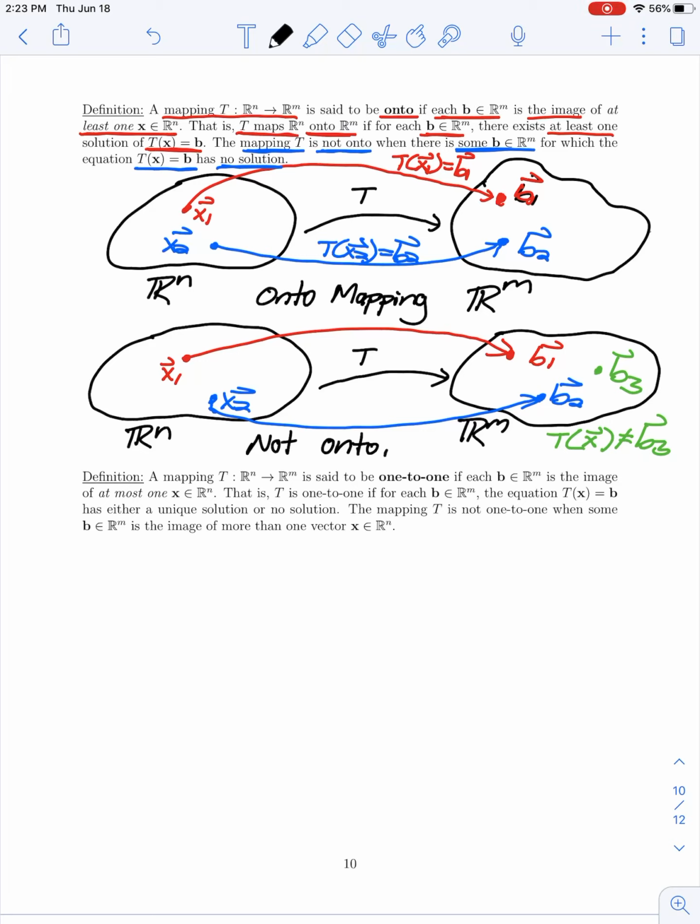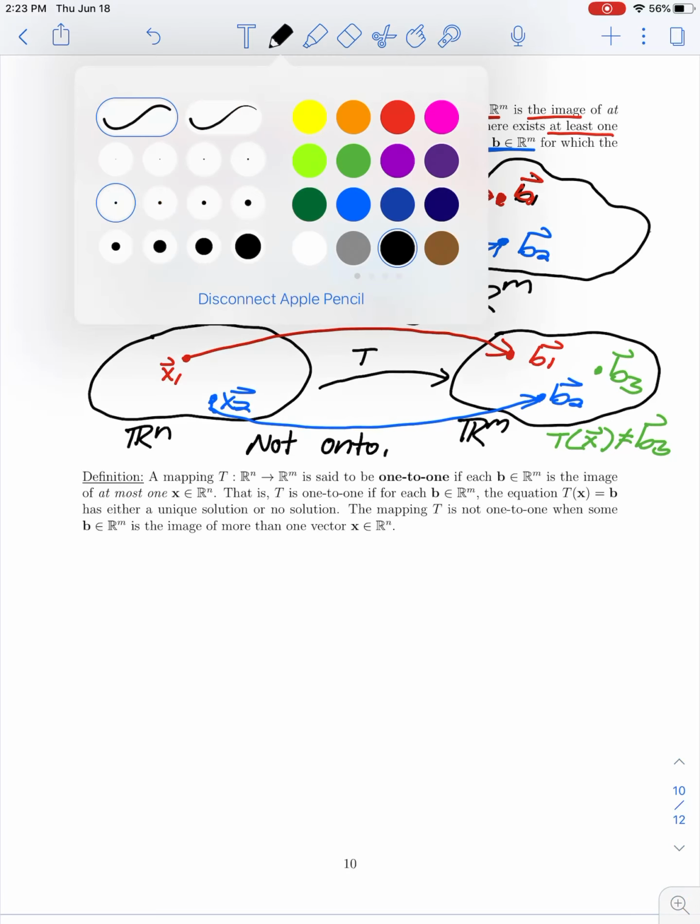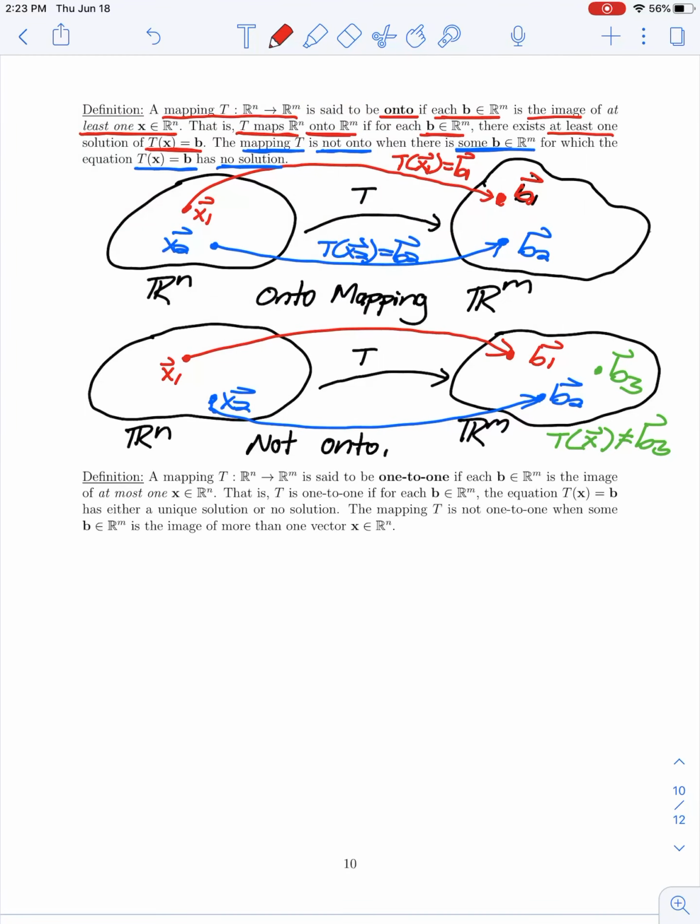Now, another term which we have for mappings is the following. A mapping or transformation T from Rn to Rm is said to be a one-to-one mapping if for each b in the codomain Rm, we can consider that b as the image of at most one vector x in the domain Rn.